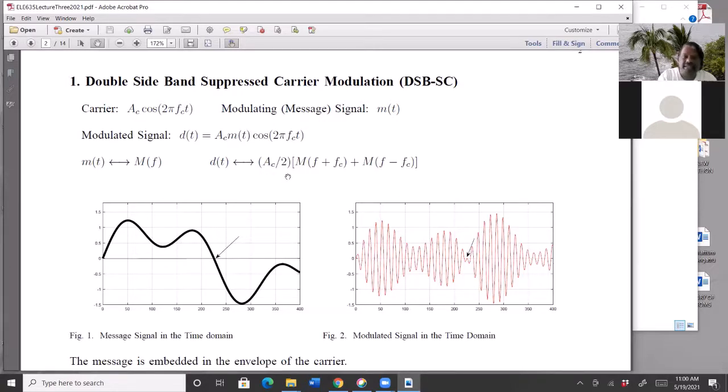Please remember this. We proved in the previous lecture slide there is a half, and where did the Ac come from? Because I multiplied by this. So the spectrum of DSBSC is right here. It is the spectrum of the message signal shifted to fc and negative fc and multiplied by half, and then there may be a constant sitting for you from the carrier.